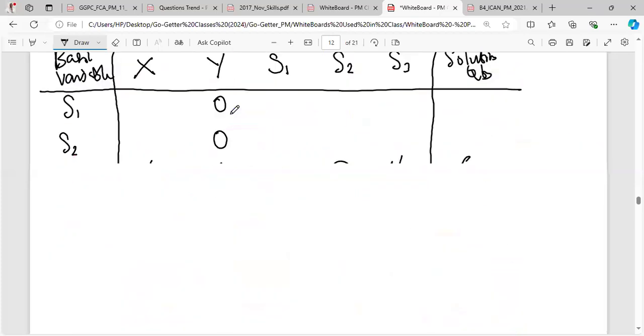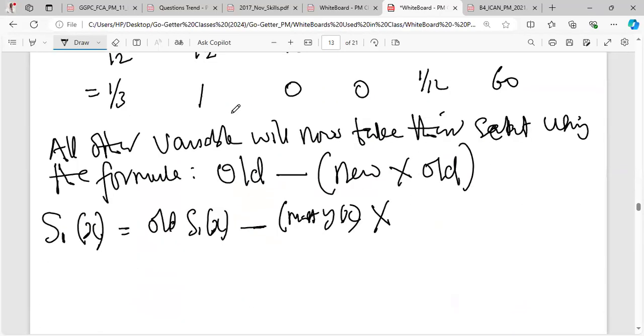So this is the number above or below the pivot number in the old table.